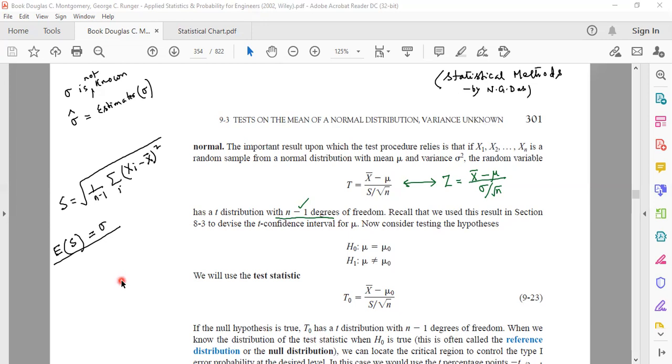You already know what independent variables and dependent variables are. If the sample size is n, there are n variables, but one particular variable becomes redundant. Whether you use it or not doesn't matter actually. So we reduce the size of the sample by 1, and that accurately estimates the population standard deviation. Therefore it is mentioned that the student's t statistic follows the t distribution with n minus 1 degrees of freedom.